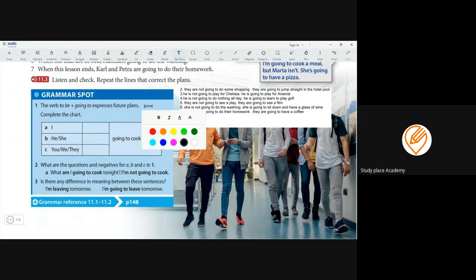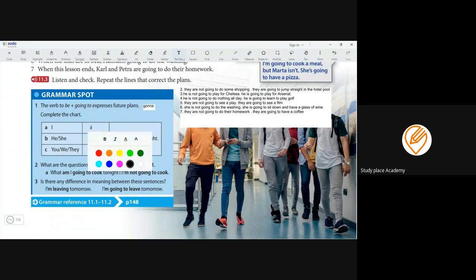So I'm gonna has its own personality, but in general you are going to hear he's gonna, they're gonna, we just make it shorter. So with I we are going to have am, he, she, is, and you, we, they are.